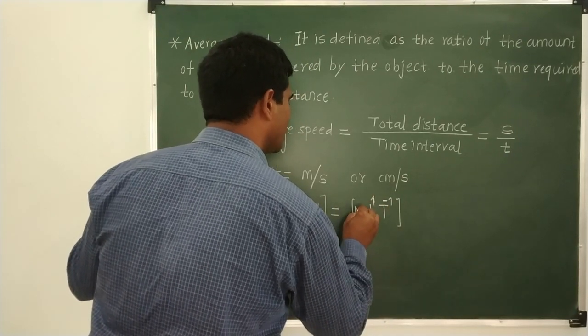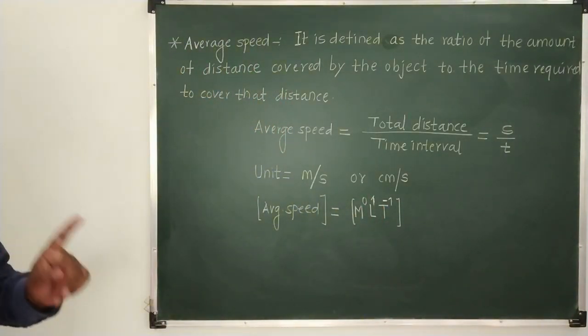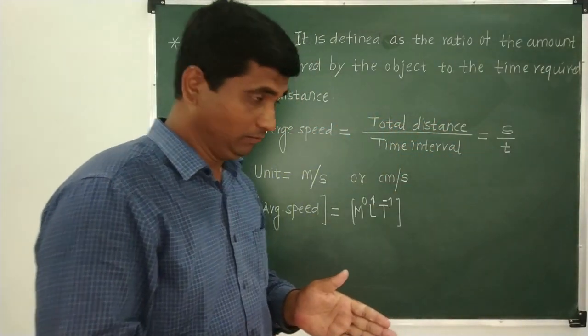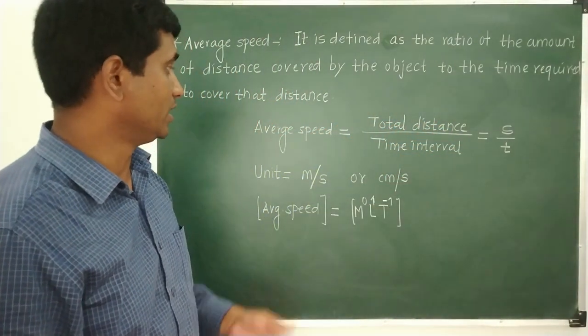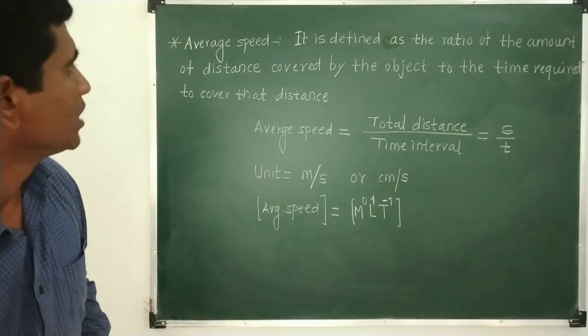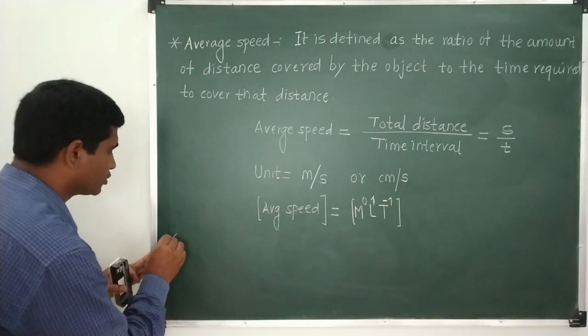So your dimensions are M0, L1, T minus 1. Remember this, in average speed we are taking a distance which is a scalar quantity, so average speed is also itself a scalar quantity. Now we will move to the next quantity, which is called instantaneous speed.